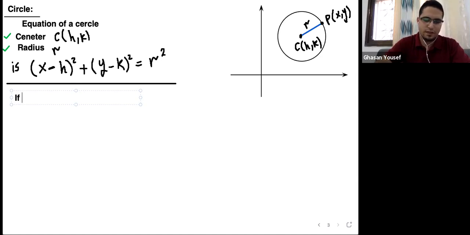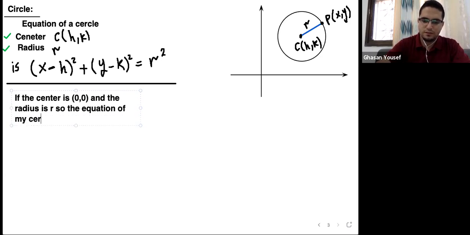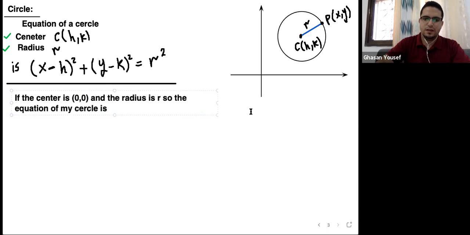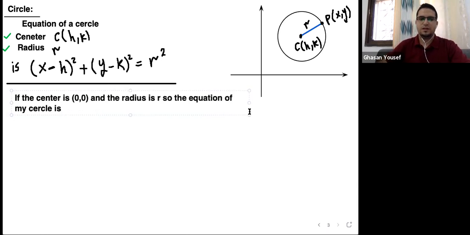If the center is 0, 0, the origin point, and the radius is r, so the equation of my circle is, again, you plug in 0 instead of h and k.